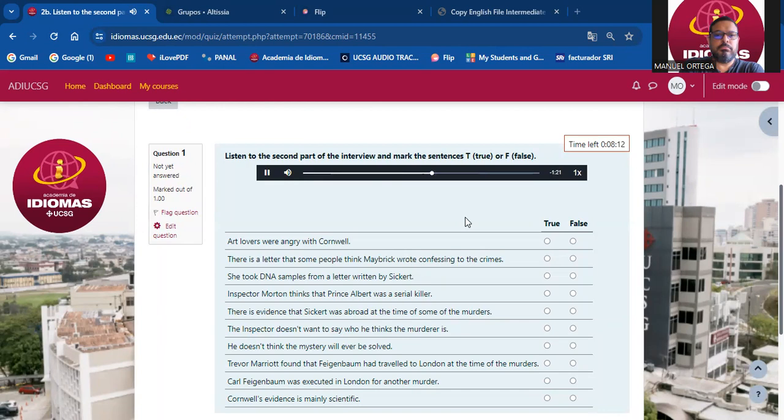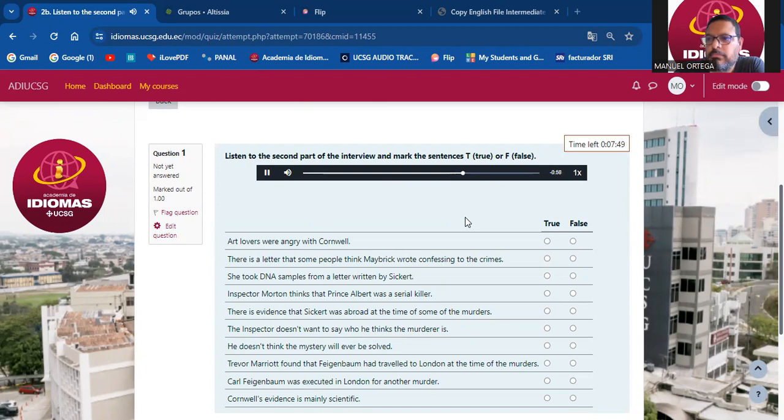There's been another recent theory, hasn't there, that Jack the Ripper was German? Yes, this is a new theory based on new research by a Jack the Ripper expert called Trevor Marriott, who's in fact another retired detective like me. He believes that Karl Feigenbaum, a German sailor, was responsible for some, if not all, the 5 murders.